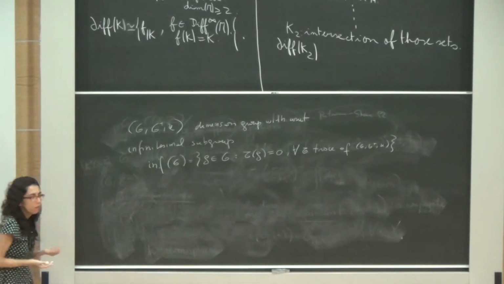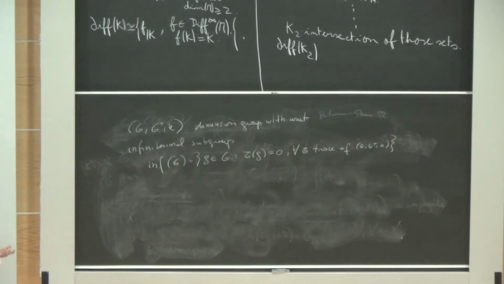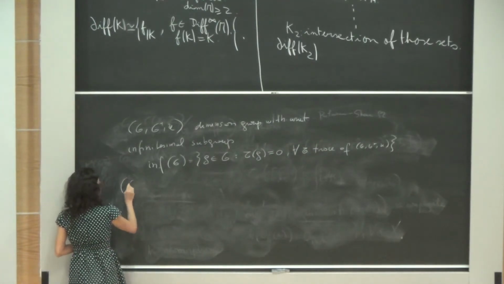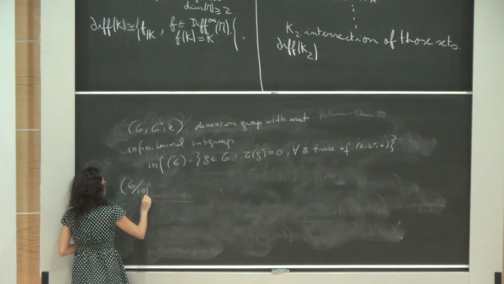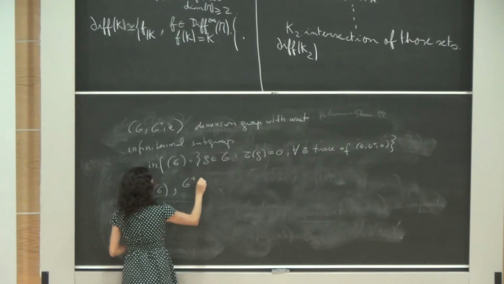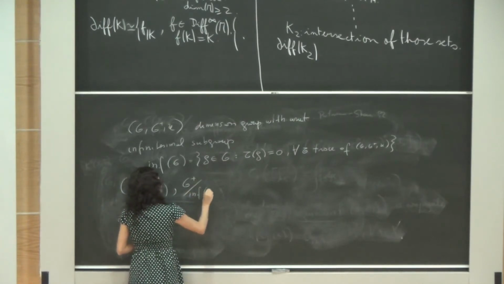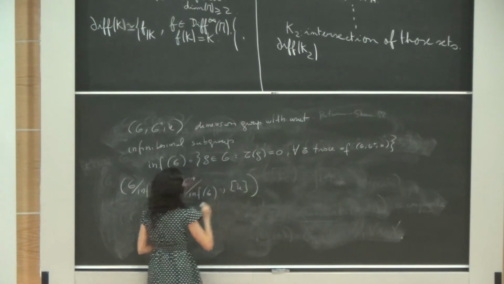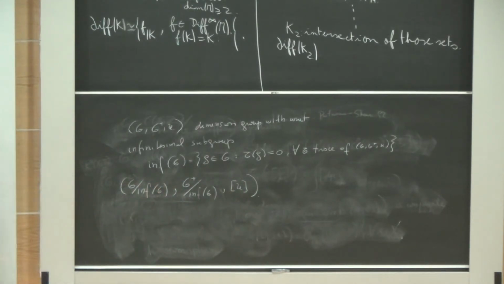And in the case of the dimension group for a minimal Cantor system, you can get another dimension group, which is the dimension group quotient by the traces. And here you take the class of the unit. This is another dimension group, a simple dimension group.